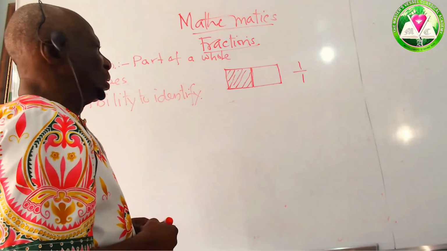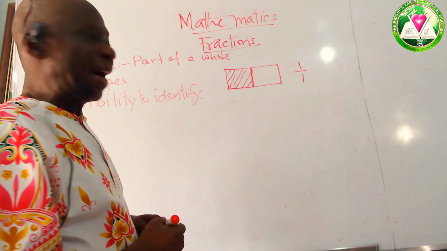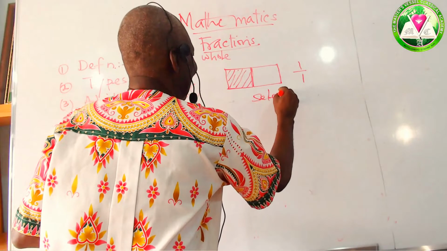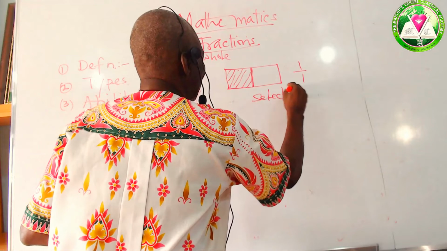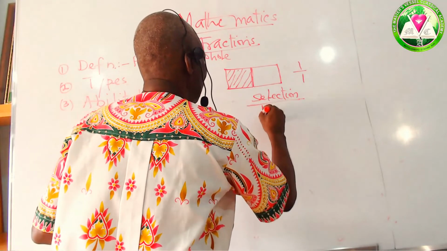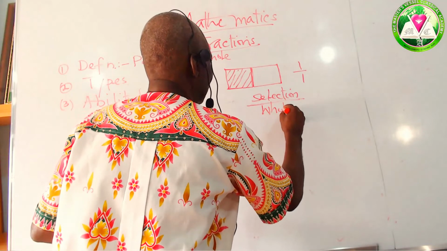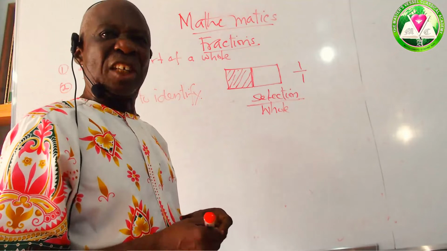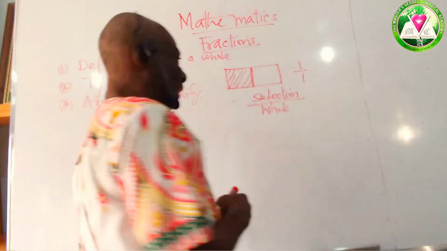So in order to take that particular part, we have a selection, all over the whole. But remember that this whole has been divided into a number of equal parts.